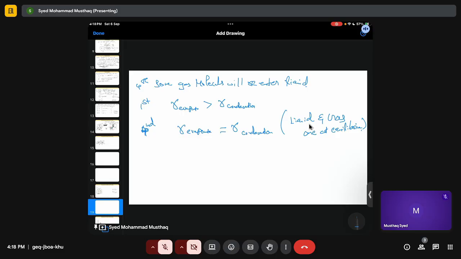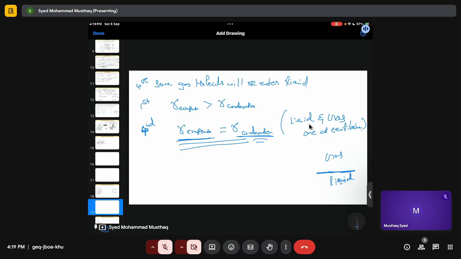When you zoom in on the surface of any liquid kept in a vacuum, after some time, say 1 hour or 2 hours, at the surface you can see some particles evaporating. At the same time, the gas particles are condensing. That's why you see a constant liquid line, the interface between gas and liquid.